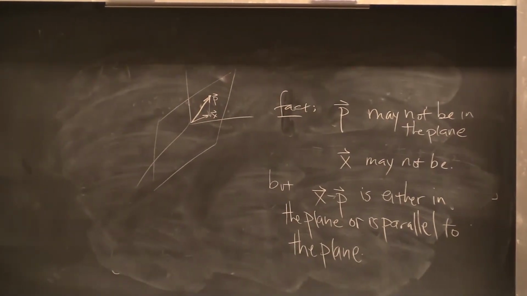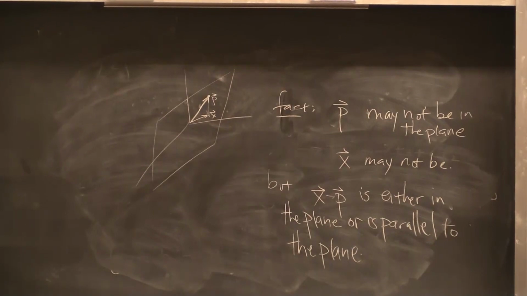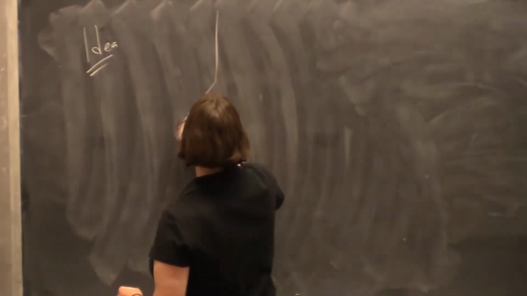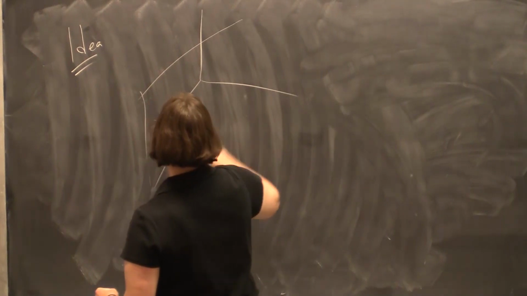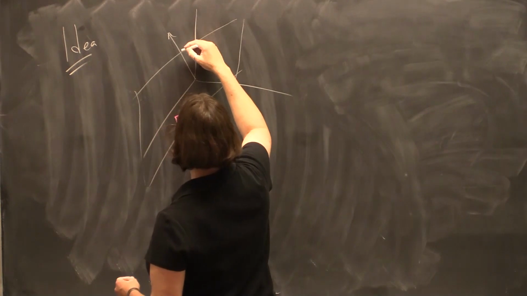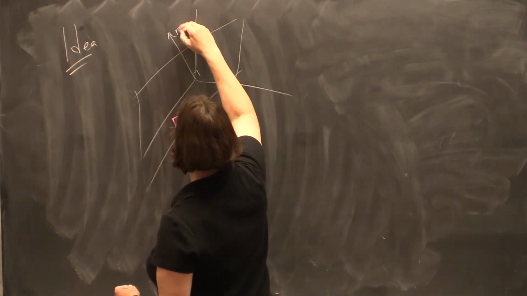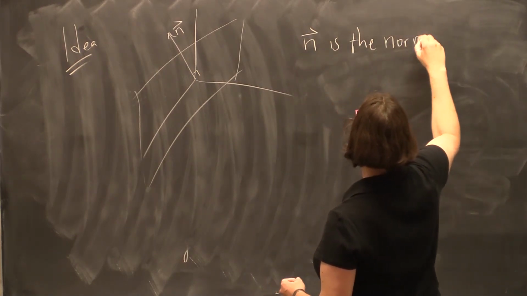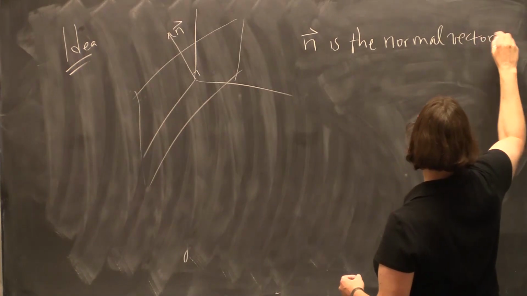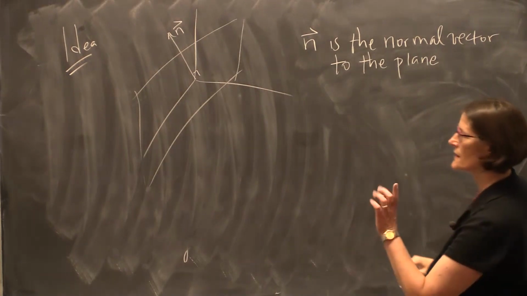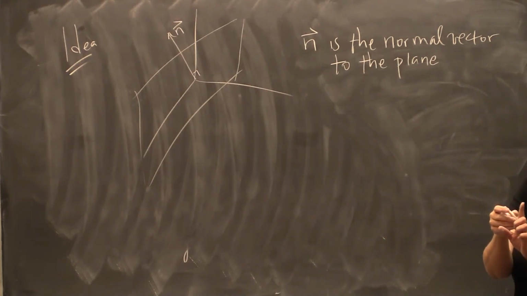You can either talk about parallel to the plane, or you can talk about orthogonal to something that's perpendicular to the plane. So this is the big idea. So I have my plane, which might not be going through the origin, but for sure, it's got a normal vector. N is the normal vector to the plane. So N is perpendicular to every vector lying in the plane.